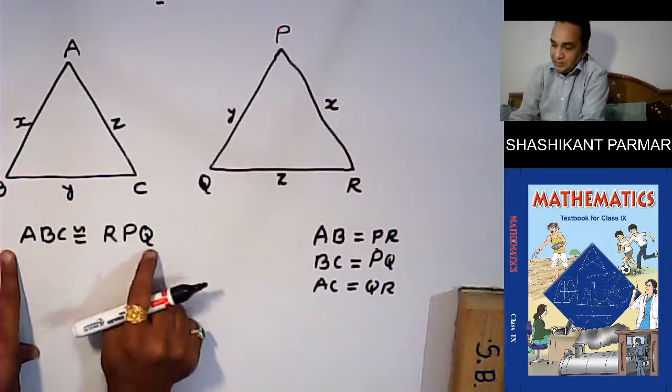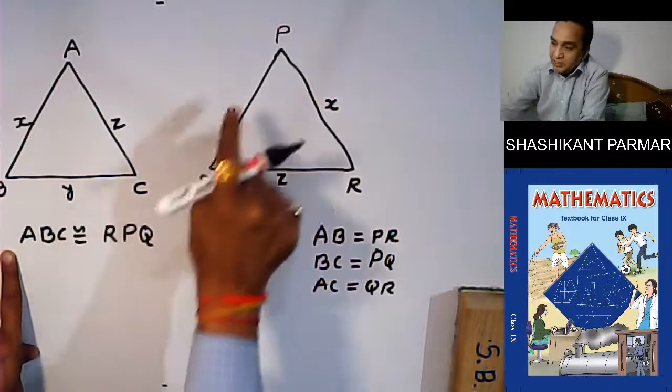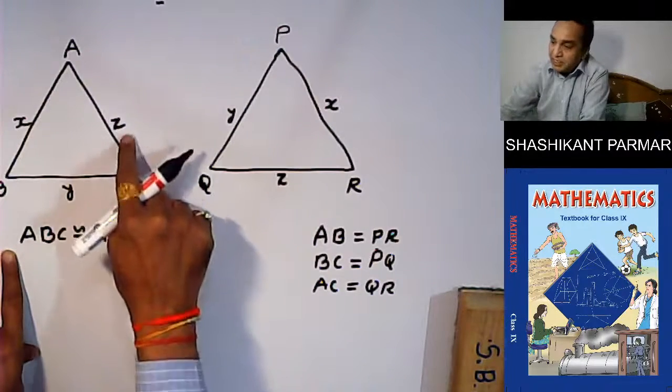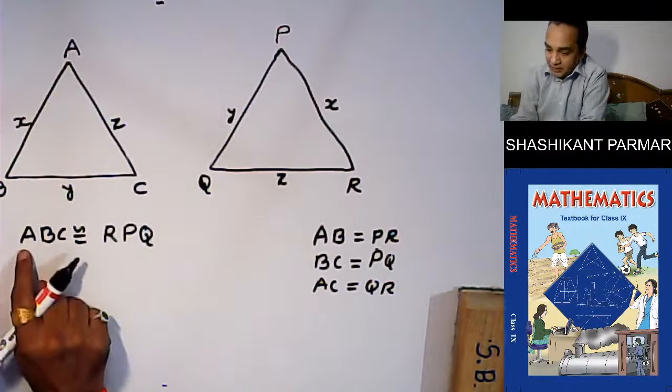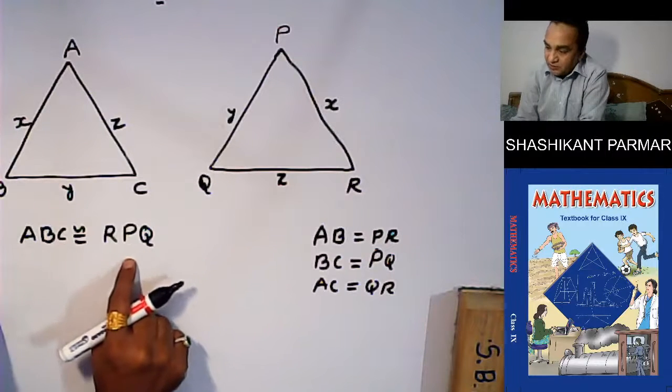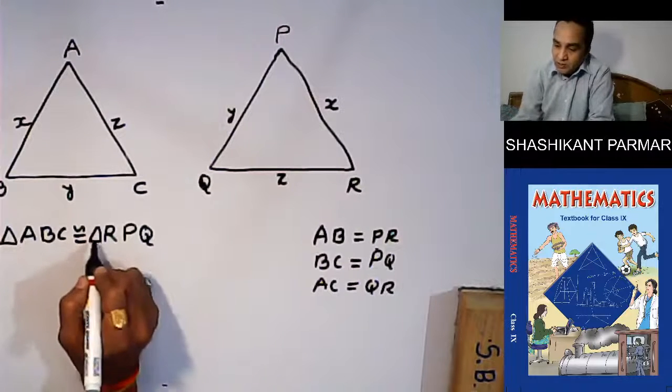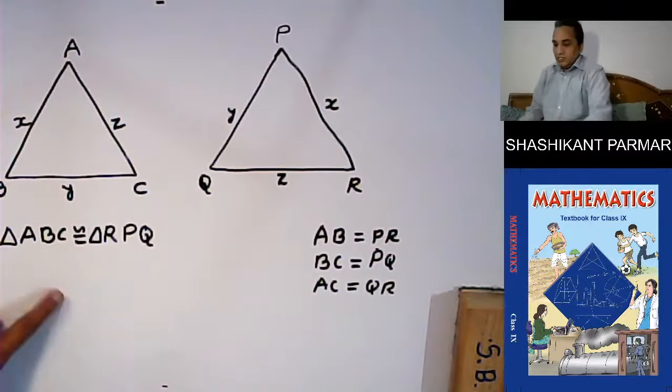BC is equal to PQ. AC, first and third, is equal to RQ. So if you write like this, this is right.